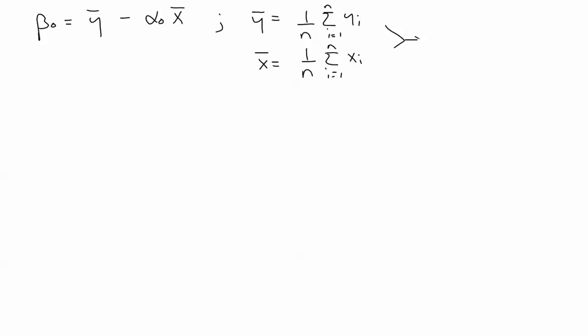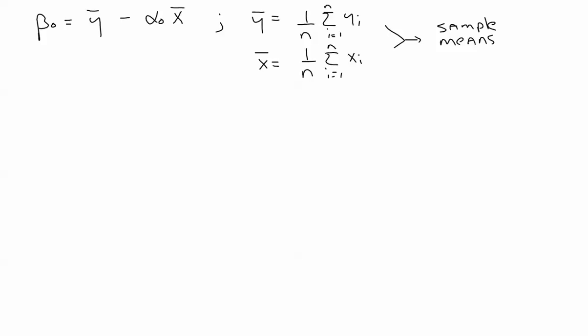These two are called sample means. Just take my y data values, add them up, divide by the number of points. That's the mean of the samples I have for y. Likewise for x, I add up all my x values, divide by the number of data points, and I get the mean of the sample values in x. Okay?